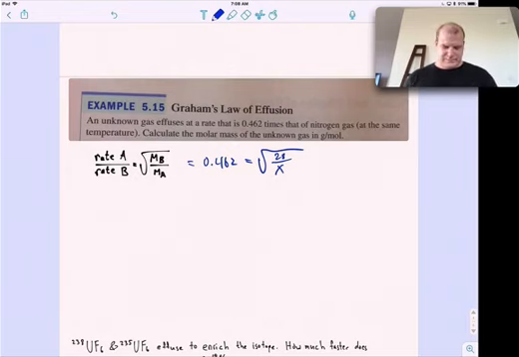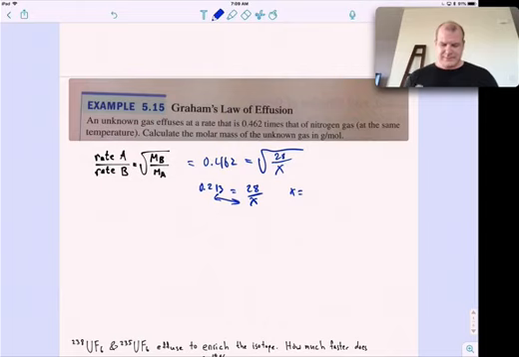So we square both sides, right? 0.462 squared is 0.213. So 0.213 equals 28 over X. And we can rearrange this, basically switching these numbers.